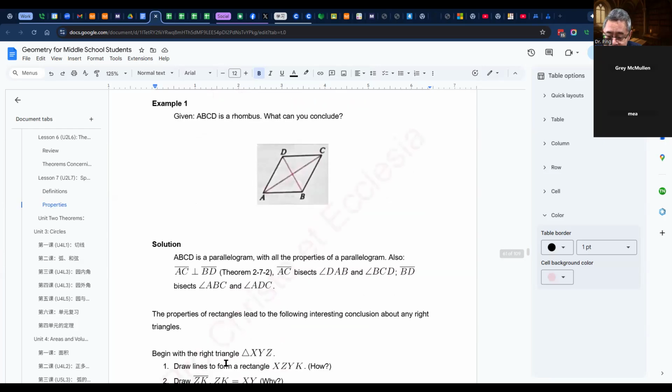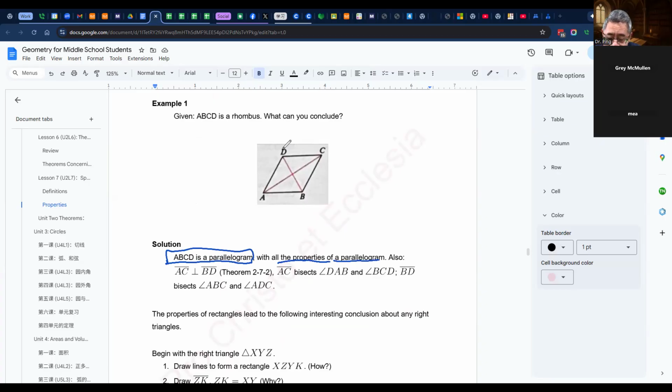Okay. Now we are going to look at the next one. Give us examples. So now we have a rhombus ABCD, and what can we conclude? Well, first of all, ABCD is a parallelogram. That's what we learned when we defined the rhombus. So it has all the properties of a parallelogram.